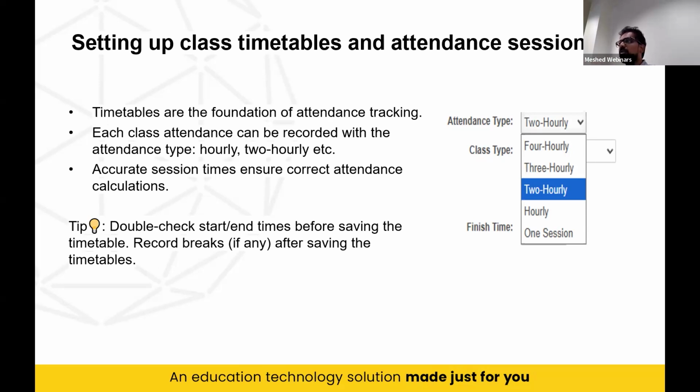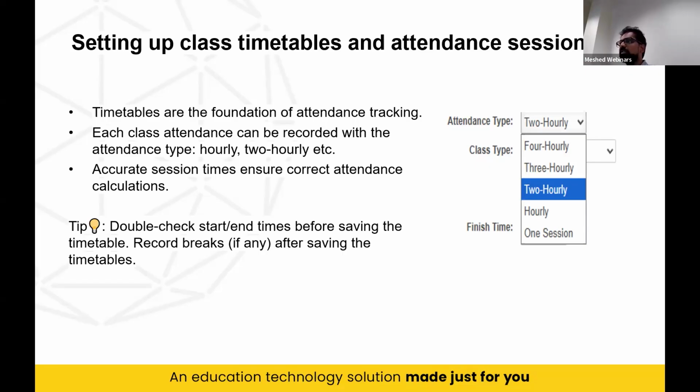A lot of the common issues that we get from the colleges or from the staff are that we have created a class, but the attendance is not recorded correctly. The attendance is not coming correctly because, if it's a 4 hour class and half an hour is a break, the break is not recorded correctly.